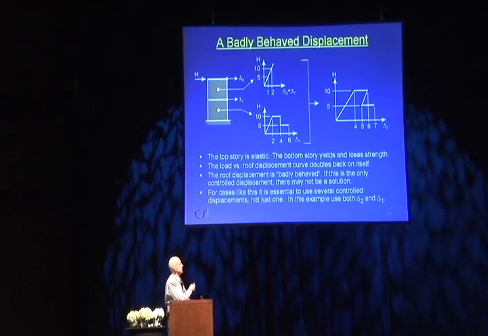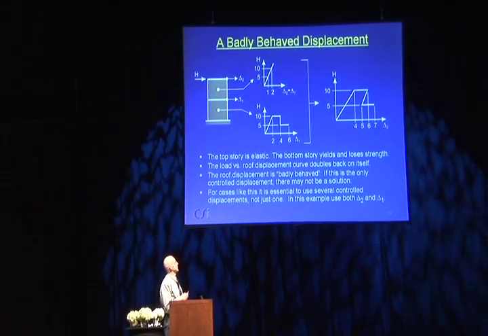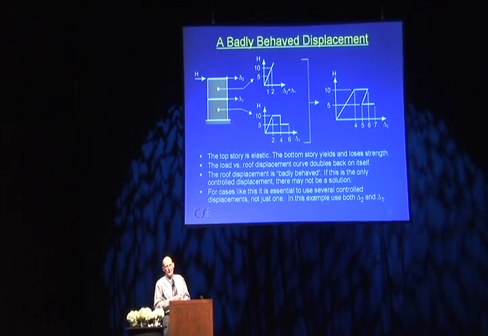And so now what Perform does is says, okay, I'll just move along, but at each step, it'll look for a well-behaved displacement, a displacement which it can increment. So for the first few steps, it may choose, in this case, the roof displacement. When the roof displacement starts to behave badly, it's able to detect this, and it'll switch and increment the next displacement down. And it'll continue on.